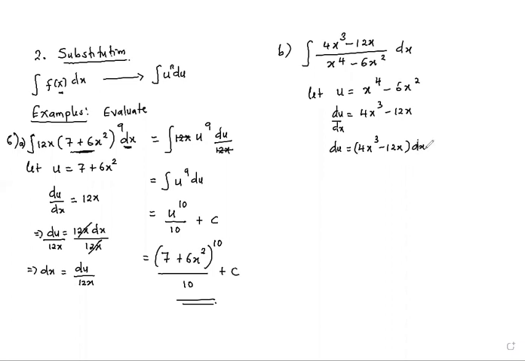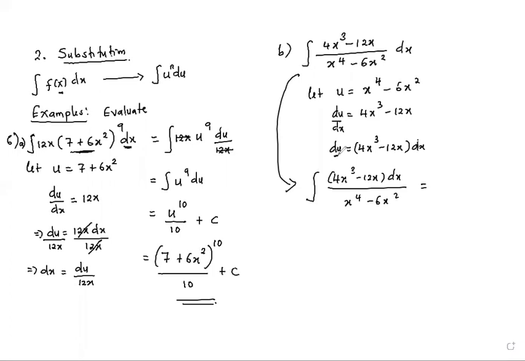Sometimes it's not a must that you always solve for dx. If you look at how this question is, you could write it as the integral of (4x3 minus 12x) dx over (x4 minus 6x squared). So you can easily substitute. The whole numerator is what we have equated to du.